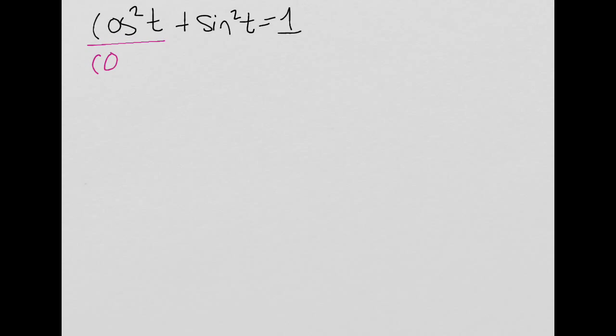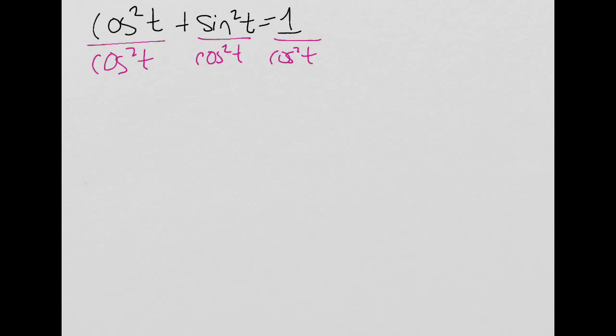If I start with that, cosine squared plus sine squared equals 1, there's a couple of different kind of cool things I can do. One, I can divide all three terms by cosine squared, assuming cosine is non-zero.